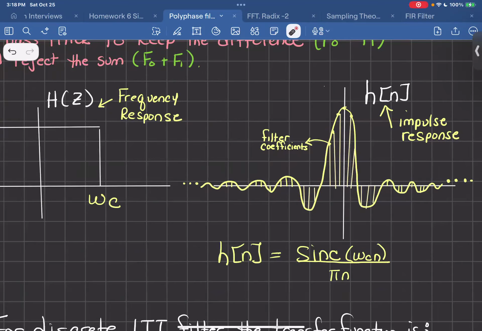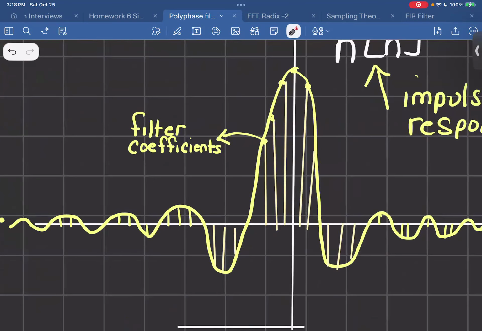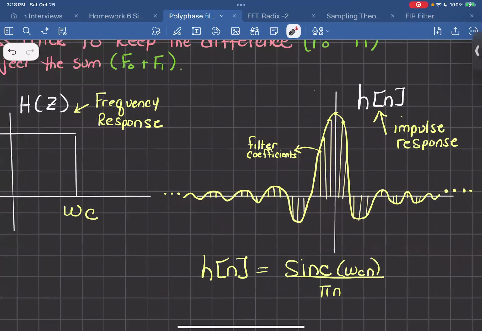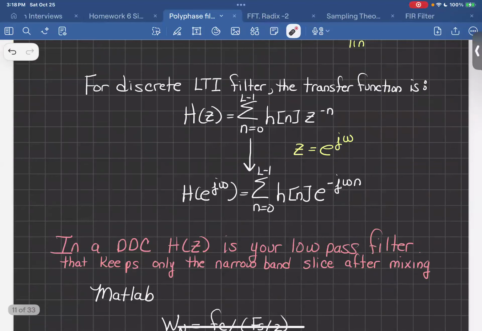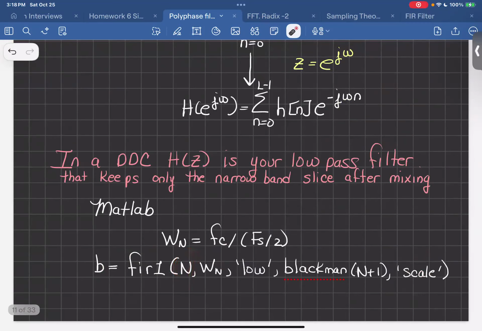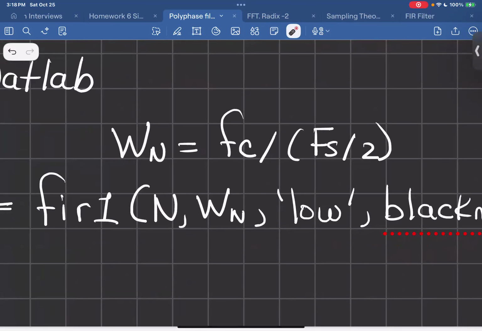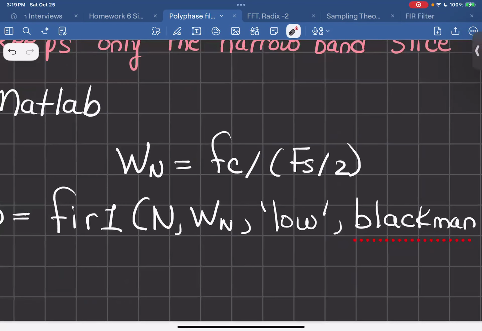The number of filter coefficients that you choose is called N. And the more you have, sometimes the better, but you kind of just want to meet your requirements, because more is not always better. When you think about filter coefficients, you're impacting the block RAM of your FPGA.